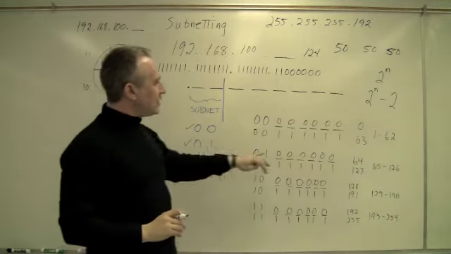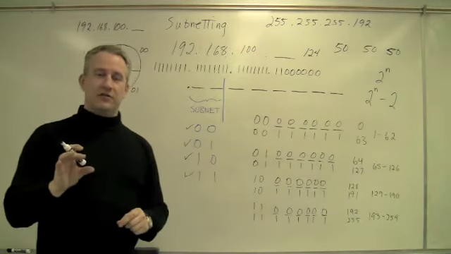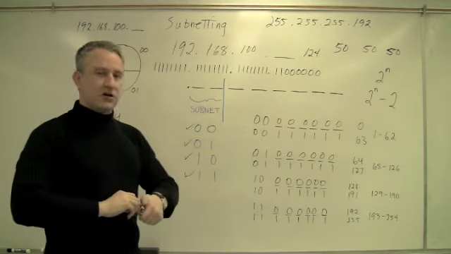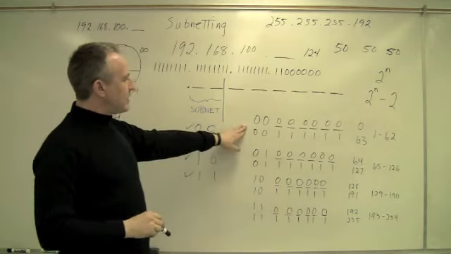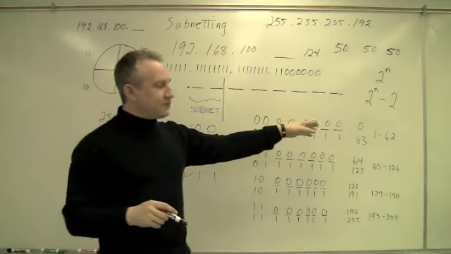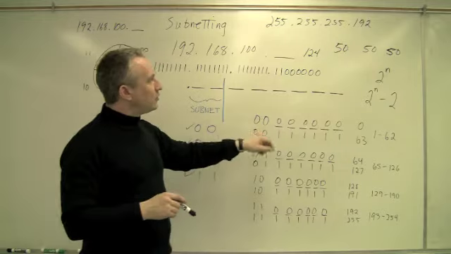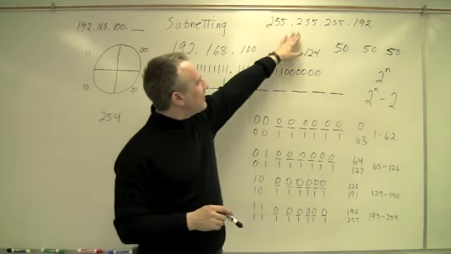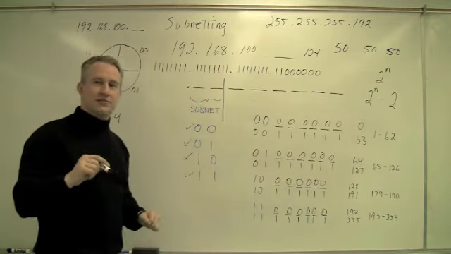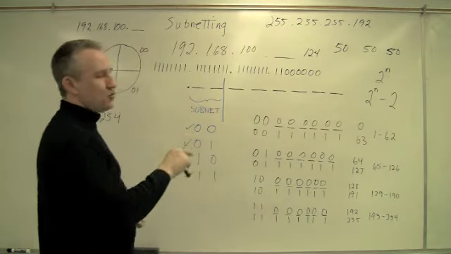That would have to go along with every address when we assign to hosts. Say for example, if I assign a host in this subnetwork 192.168.150, along with that I would have to specify 255.255.255.192 as the corresponding subnet mask when I configure that host.